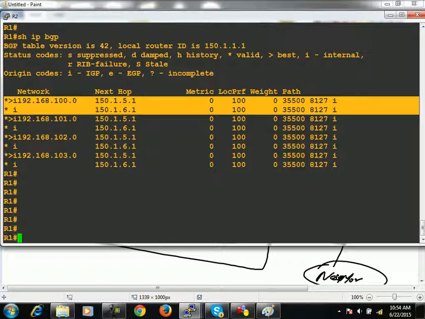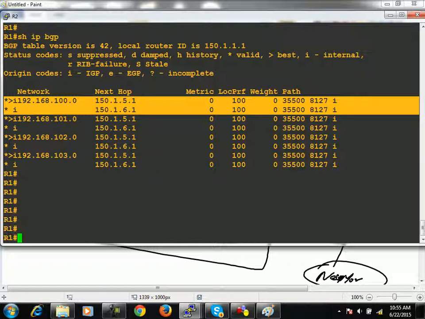Higher is always preferred, but you can see for all internal prefixes by default its local preference will be 100, and here you can see that by default its local preference is 100. Because its default local preference is 100 via both neighbors, of course it is not going to define its best path based on local preference now.